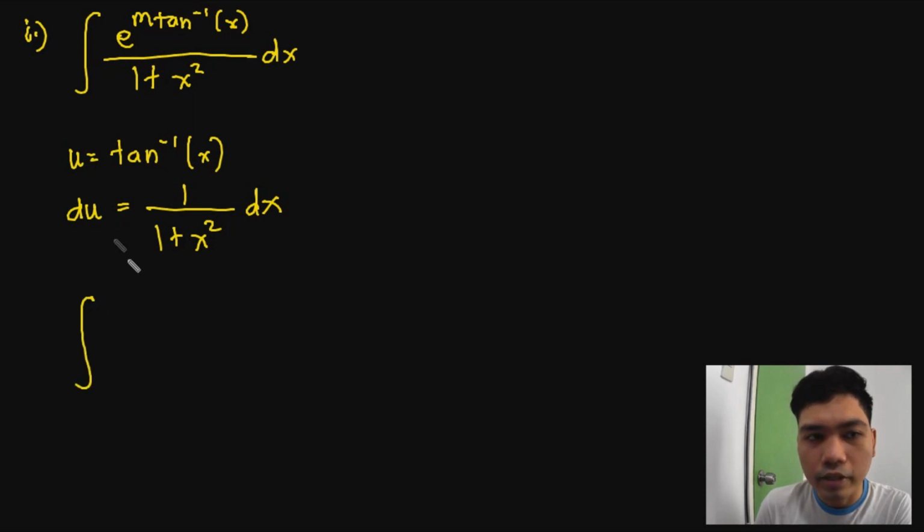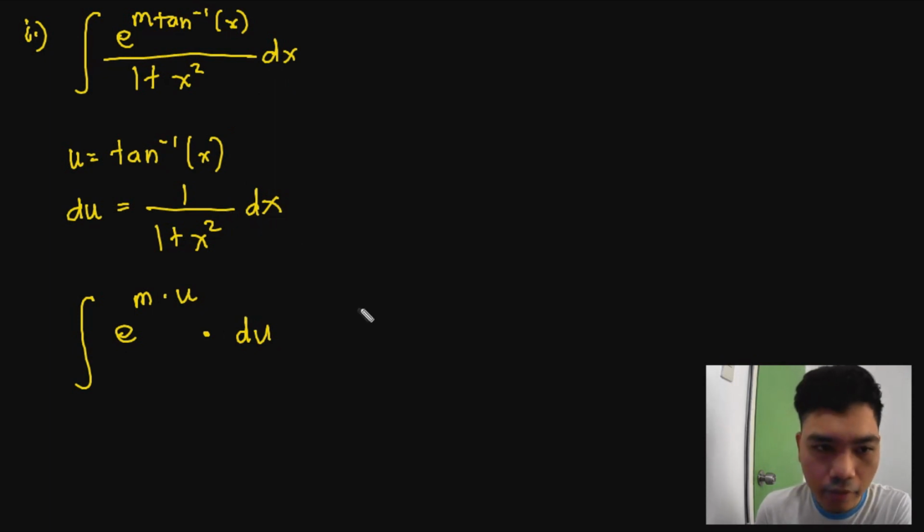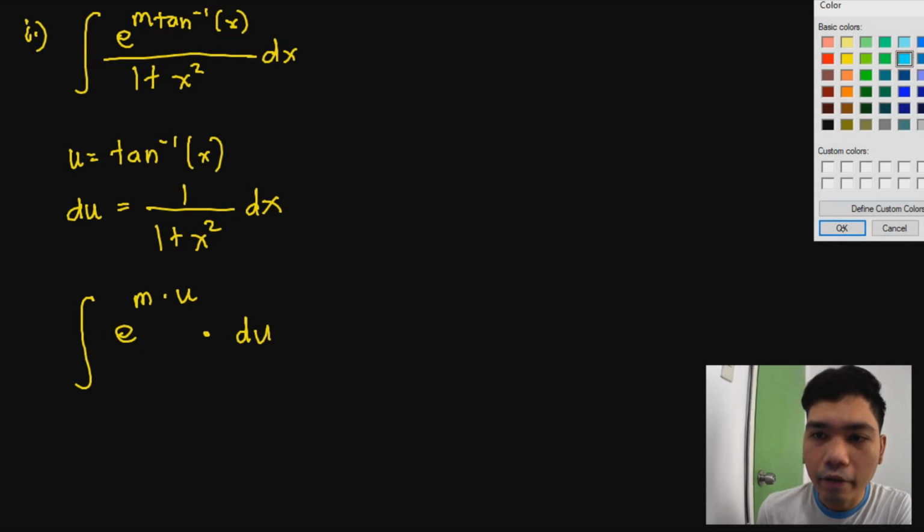So we can now plug in our u variables. That is the integral of e raised to m times u, and then we multiply this with du because that is the exact expression of dx over 1 plus x squared. By looking at this form, we can easily integrate it by fitting integrand.